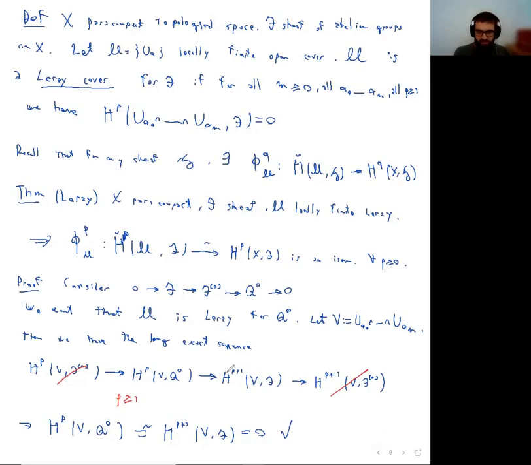And so in this long exact sequence, let's actually look at the case p equals 0, so global sections. And what we get is this.